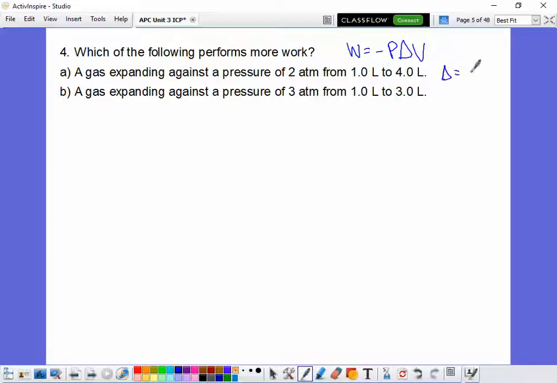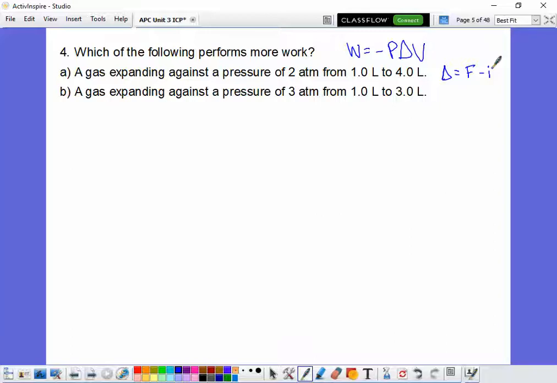Delta is always final minus initial. Always. No matter what our delta is. If it's delta V, if it's delta H, delta T, whatever. It's always final minus initial. So it is possible to have a negative delta V if we're ending at a volume that's smaller than where we started.